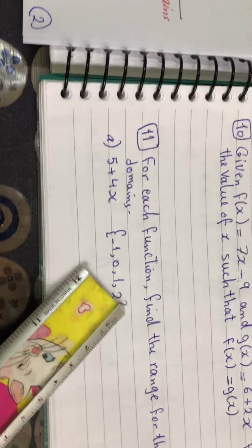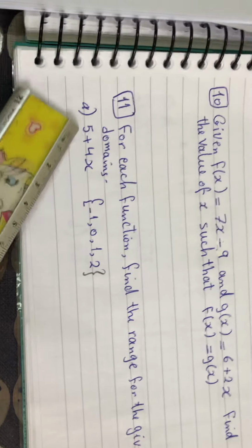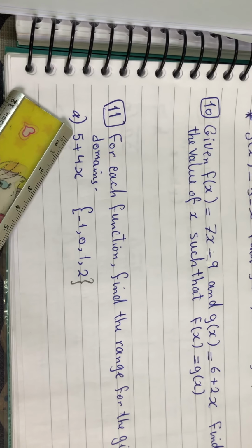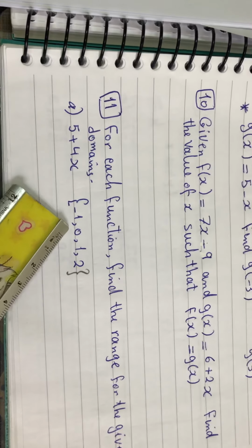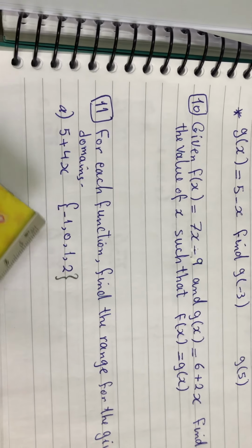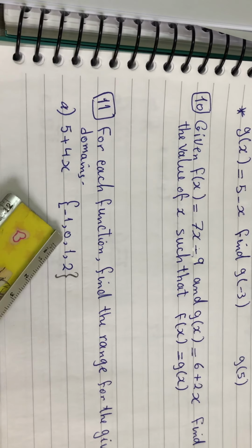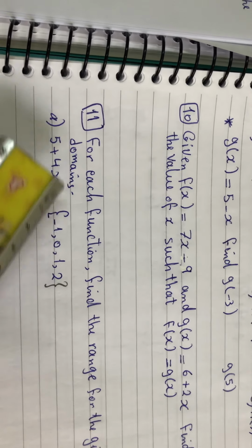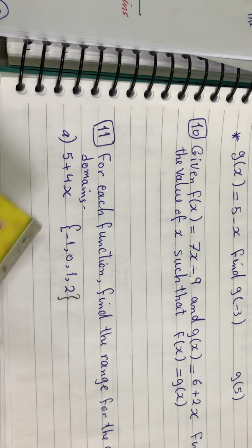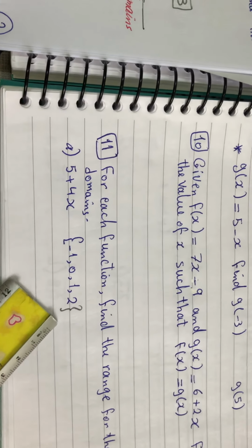Here, for each function, find the range of the given domain. This is the function 5 plus 4x, and the domain is negative 1, 0, 1, and 2. To find the range, you will substitute x by putting negative 1, substitute x by putting 0, substitute x by putting 1, substitute x by putting 2. The numbers you get, you will put them between curly brackets.